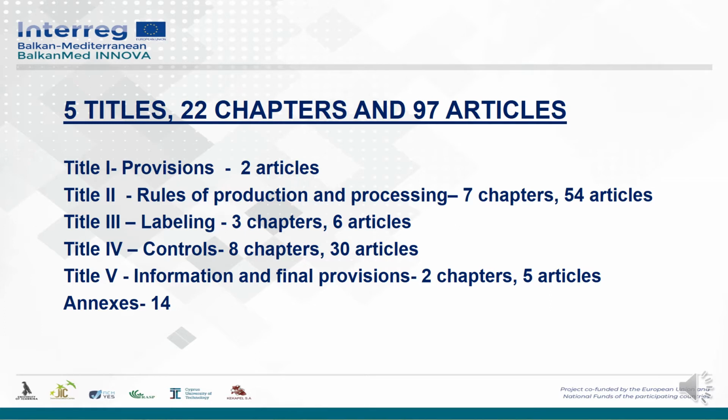Part of Regulation 889 of 2008, there are some annexes. There are 14 annexes. They are linked to different titles. So when I treat each title, I will present the corresponding annex. So have a nice study.